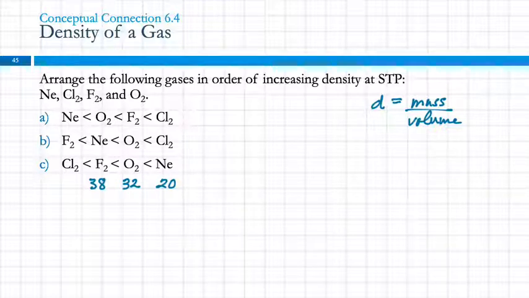And chlorine is 2 times 35.45, so about 70. This is one place where we can round off these masses because we're not actually calculating, we're just putting them in order. So, which is going to weigh the most for an equal number of particles? The chlorine, right?